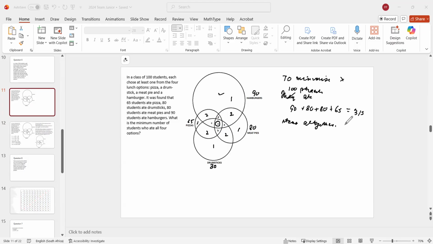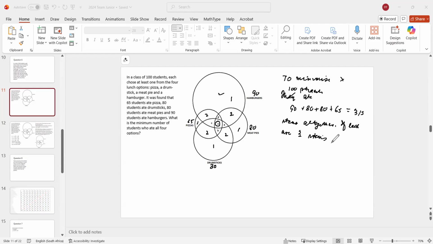So if each of the 100 ate 4 items, then you have too much. You will get 400. So the best you can do is say 3 each.